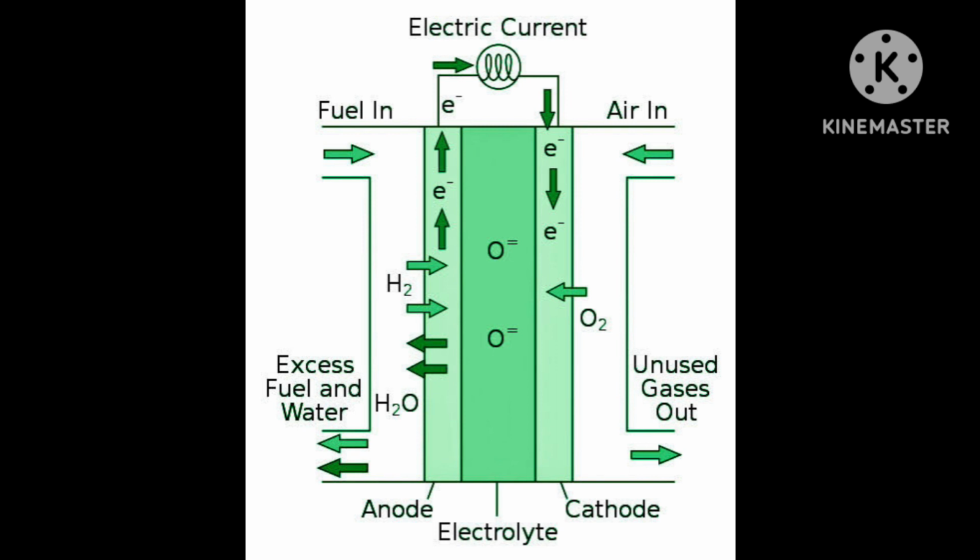In such plants, the chemical energy of fossil fuels like coal, gas or oil is first used for converting water into high pressure steam. In thermal plant, how current is produced? Then first water is heated by the burning of coal or gas or oil.